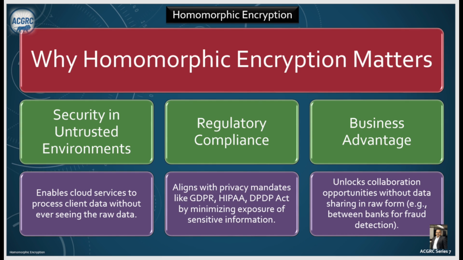It helps to align with privacy mandates like GDPR, HIPAA, DPDP Act by minimizing the exposure of sensitive information. Third is it provides business advantage. It helps to unlock collaboration opportunities without sharing data in raw form, between banks for fraud detection, as an example. Advantages are huge. You can think through in your industry how this can help.